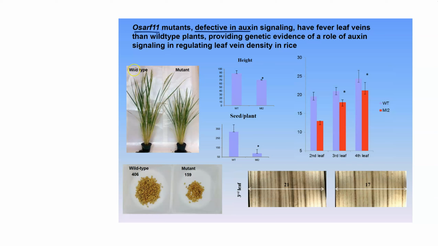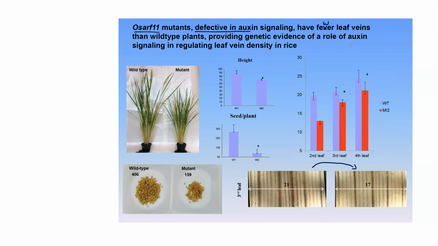And so with this particular mutation, they showed that the plant size is smaller. They showed that the amount of seeds is much smaller. But they also showed that there was a difference in the density. That should say fewer. I got this from Jim, and he's Swedish, and so his spelling is sometimes more Swedish. But the idea is that the mutant actually ended up having fewer leaf veins.